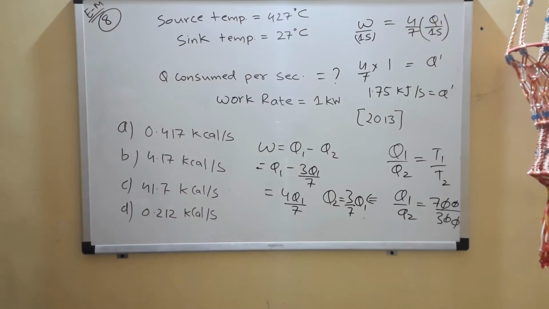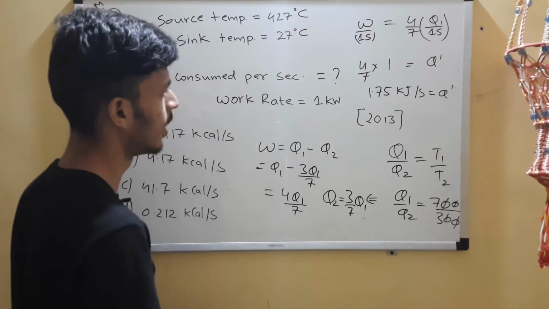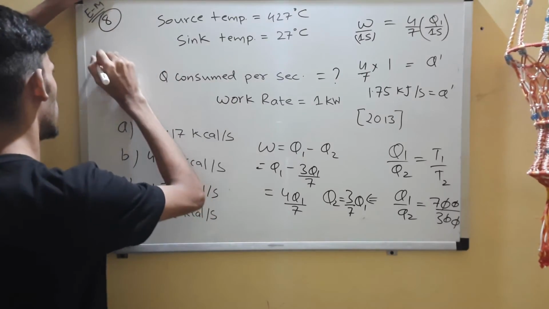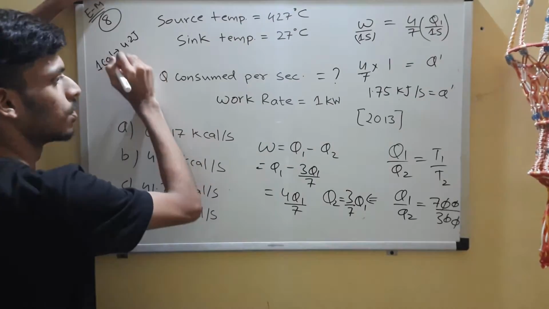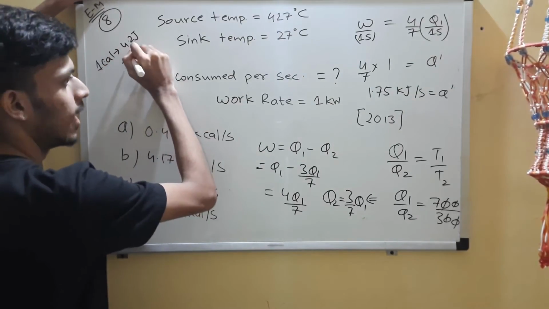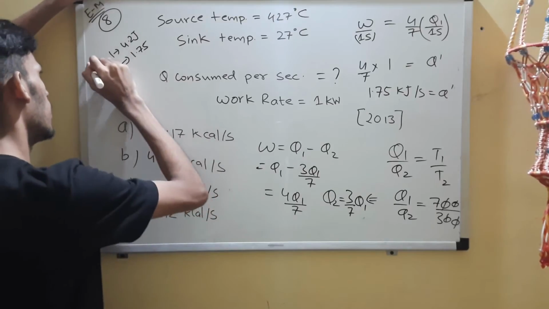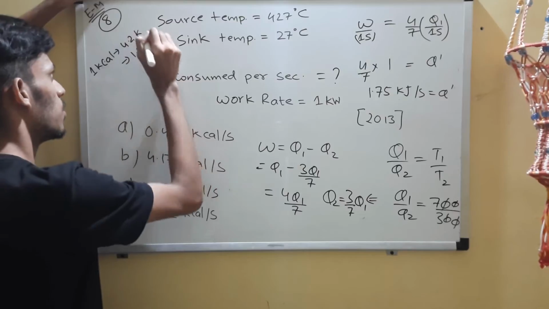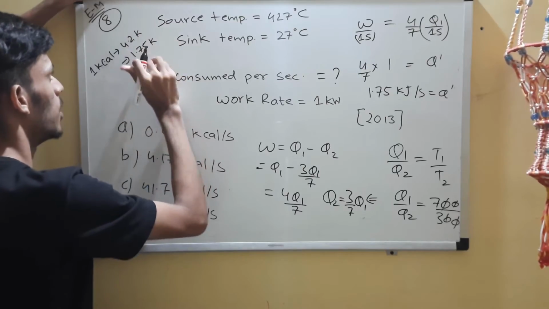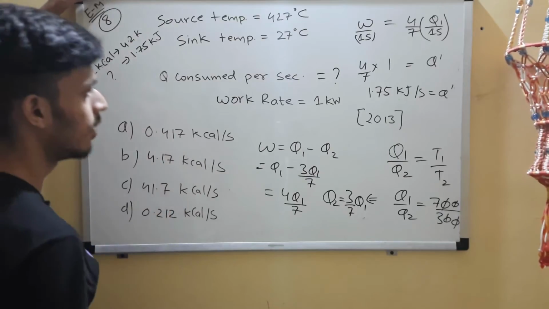Now you are supposed to convert it in kilocalories. You can see the options are in kilocalories, so we have to divide it by 4.2, because 1 calorie is 4.2 joules. So if you have 1.75 kilojoules, it will be 1.75 divided by 4.2.